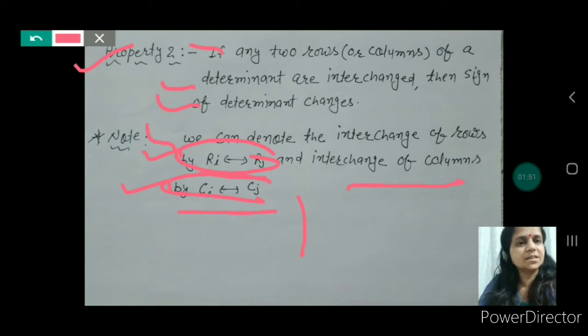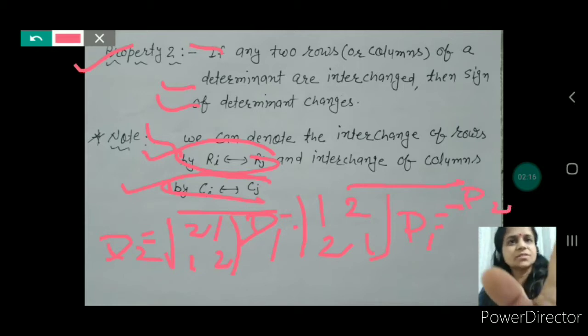Suppose D1 is 1, 2, 2, 1 and D2 is 2, 1, 1, 2. The values of these two determinants will be the same, but D1 is equal to minus D2. Only the sign will change.